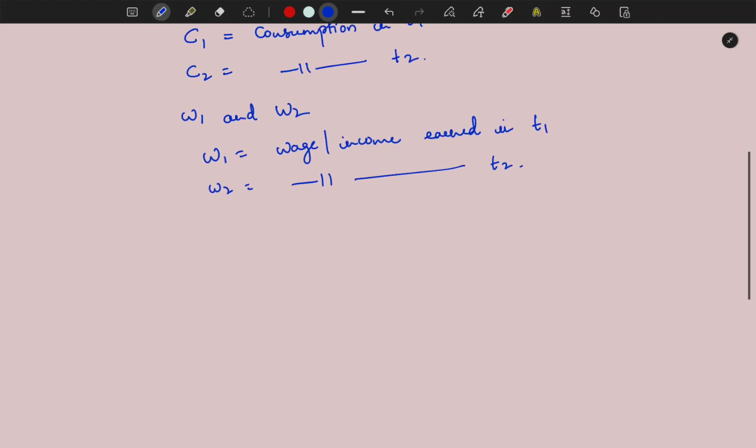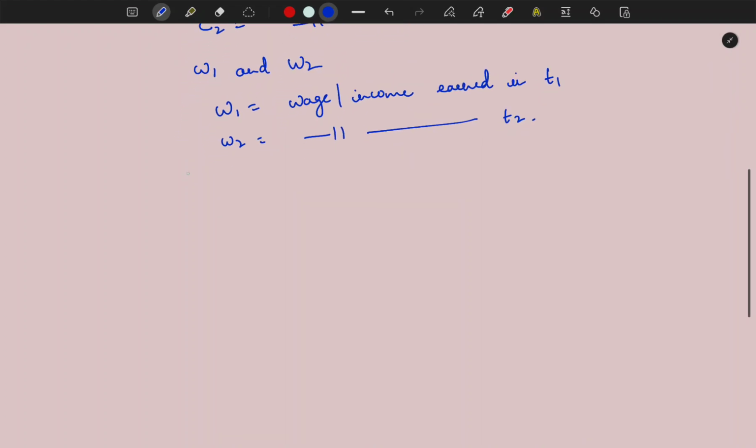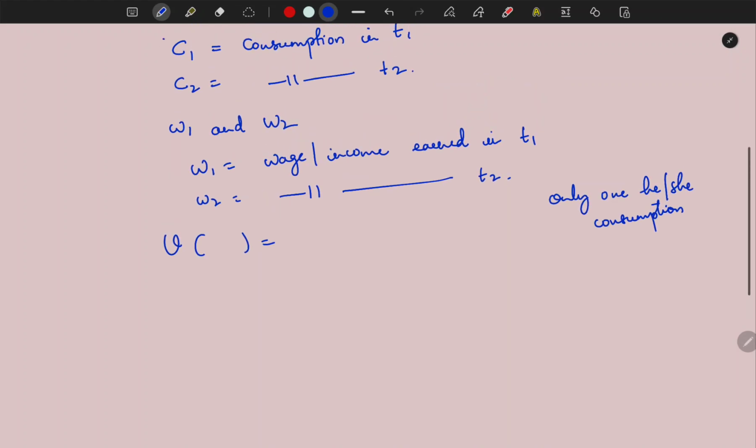But obviously, a person is going to have his utility. Now, in this case, let's assume that only one good he or she is consuming, because we are talking about collective consumption here, right?